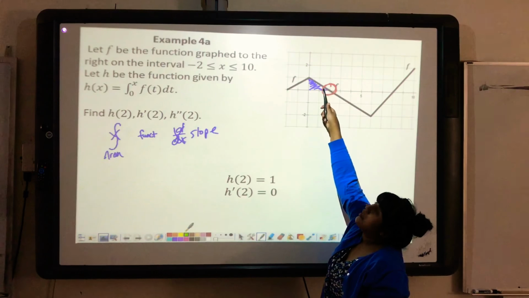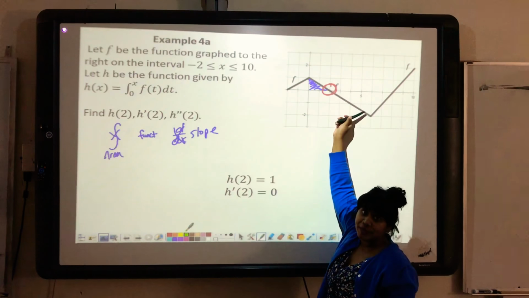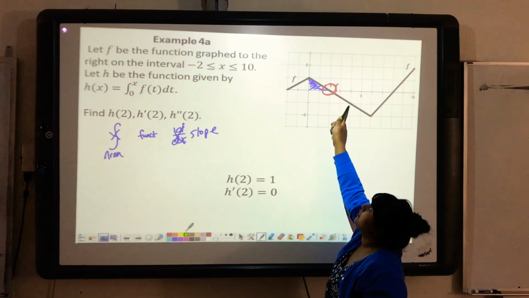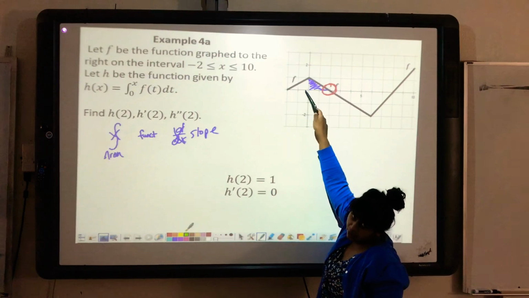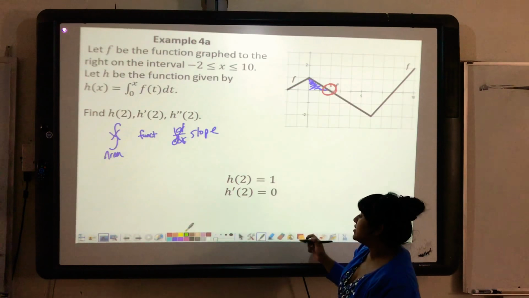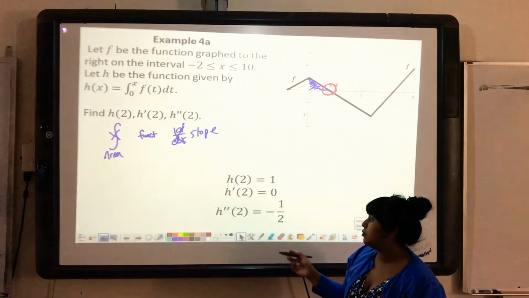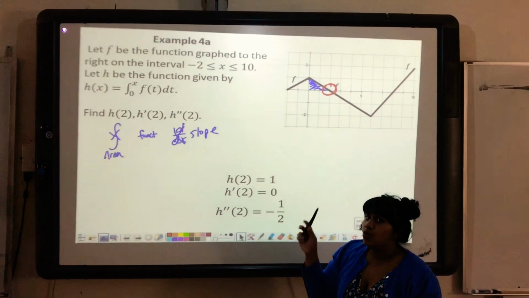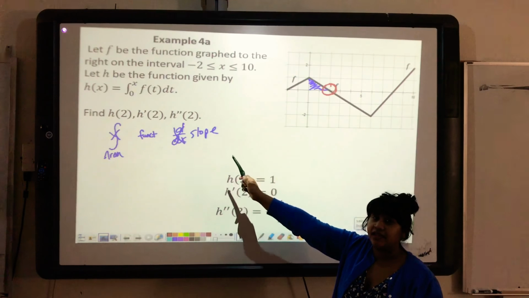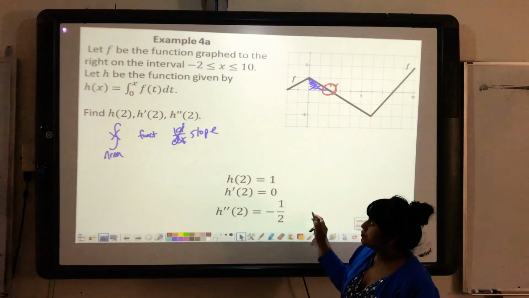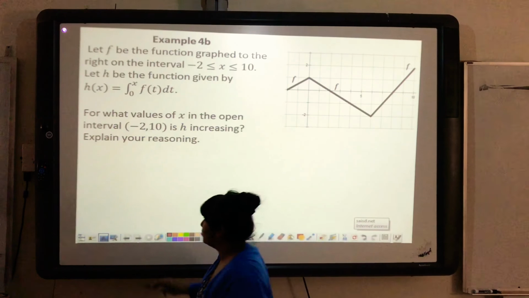Well, at 2, this is a linear line. That should be easy. I can figure out that slope. Down 1 over 2, down 1 over 2, down 1 over 2, right? So my slope is -1/2. Boom, that's simple. The hardest part about this question was reading and understanding what it's asking us. Let's look at our next question.